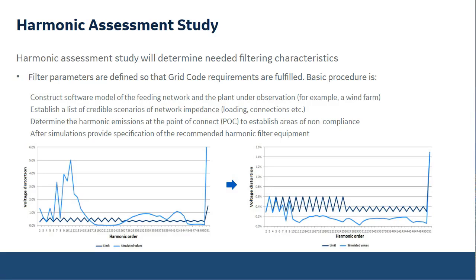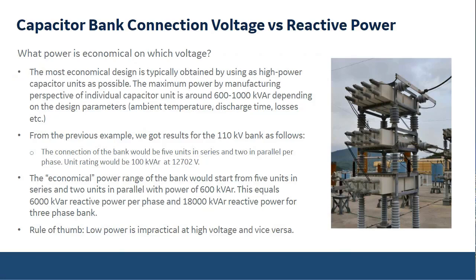Okay, and here are some concerns that might be interesting to you with capacitor bank connection voltage versus reactive power. I have seen somebody asking for a capacitor bank with very low power at very high voltage.